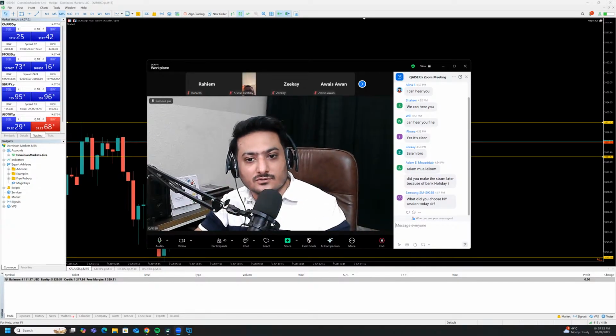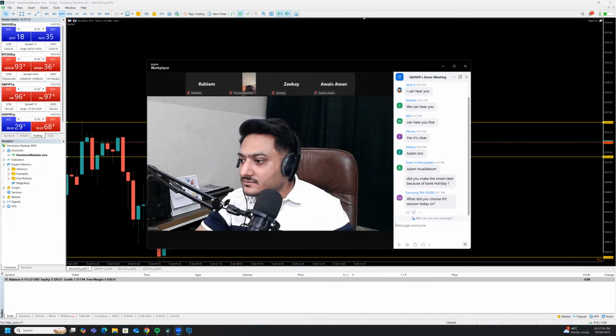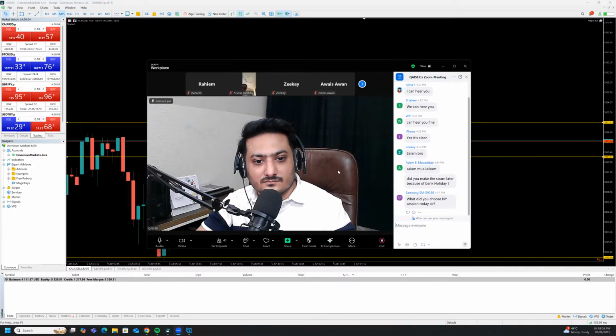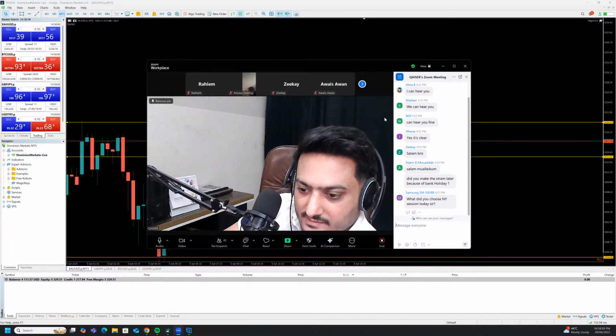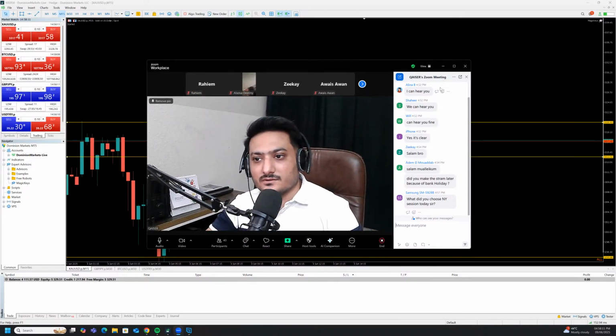All right, let me see if it's working fine now. Screen sharing has stopped because the external display disconnected. Okay, let me readjust things again. There is some issue going on with my LCD actually. I don't know what is going on.